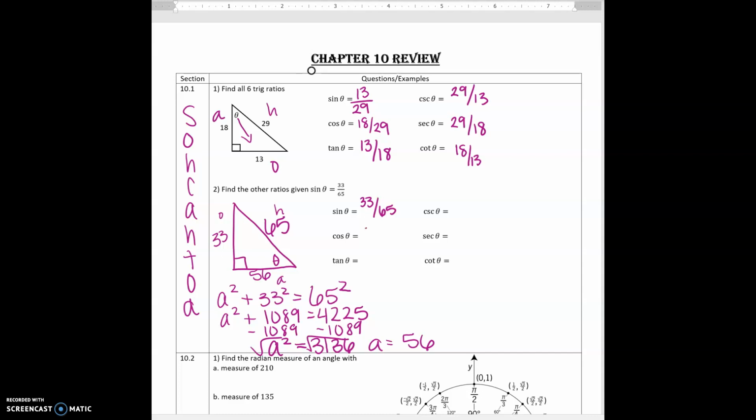So then cosine would be 56 over 65. Tangent, opposite over adjacent, so 33 over 56. And then cosecant, I'm flipping these. 65 over 33, 65 over 56, and 56 over 33. So that's a brief overview of 10.1.